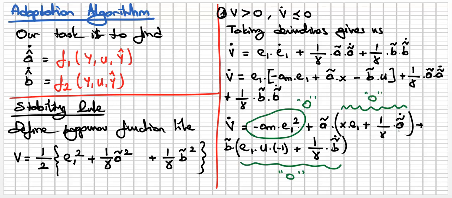And luckily we have the derivative terms of a error hat and b error hat here. This is perfect for us. Okay? And so we have two conditions here. If I eliminate these terms, we can write down 1 divided by gamma times a error hat dot plus x e1 is equal to 0.